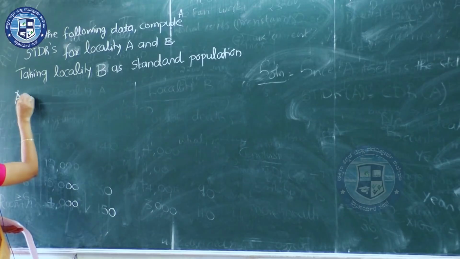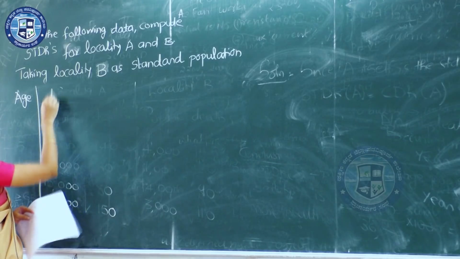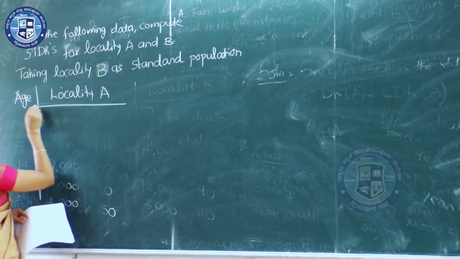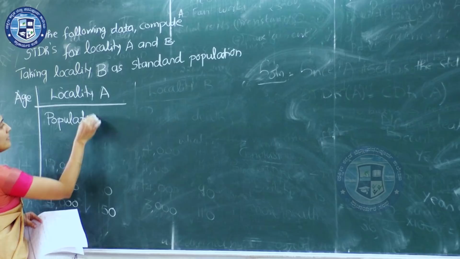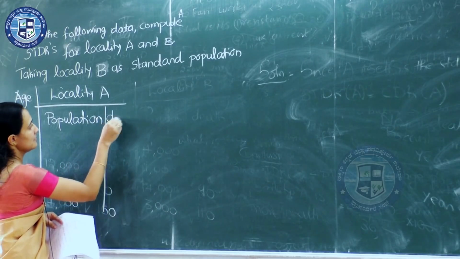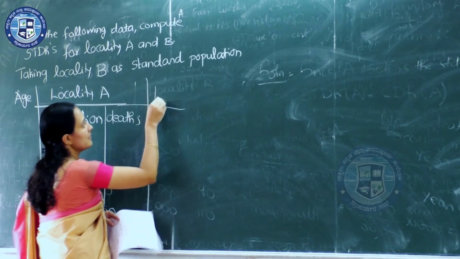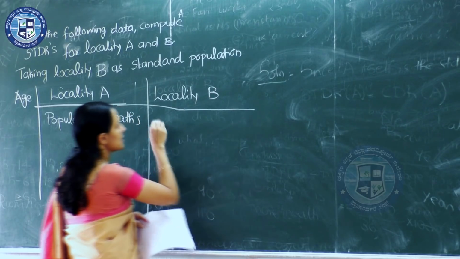See, age is given, then city A or locality A itself we will write locality A, then population, deaths, then locality B, population, deaths.